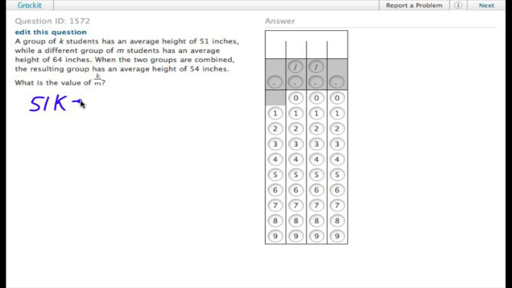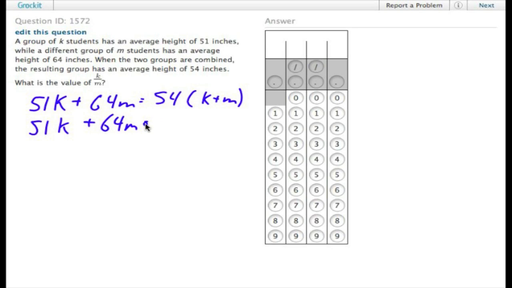Okay, so we multiply that out. 51K plus 64M equals 54K plus 54M.